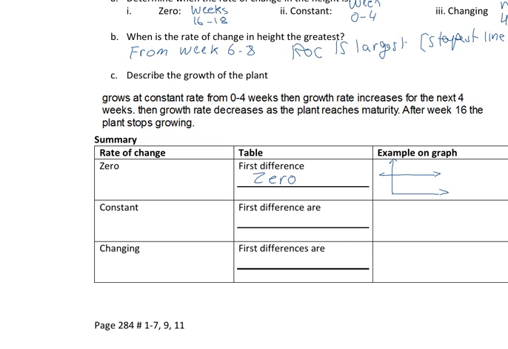Now, if the rate of change is constant, then your first difference is also constant, and you're going to see a straight line.